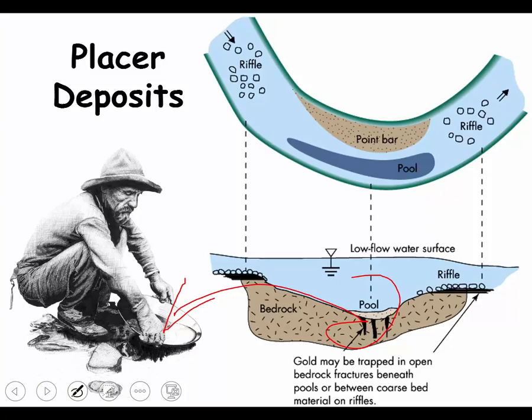Now, there's two problems here. The first thing is, once they realized that these gold deposits were in the river deposits, they started using hydraulic hoses to literally wash out huge cliffs of these river deposits. And then they had big flumes and the like.